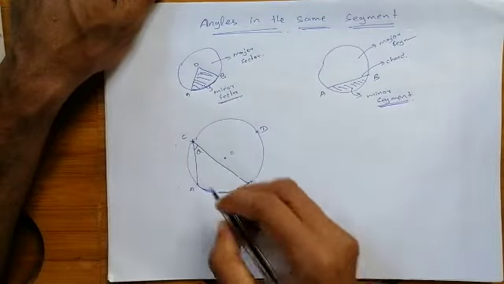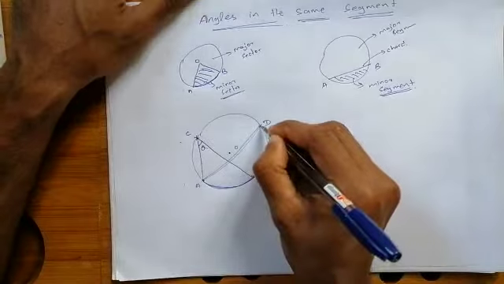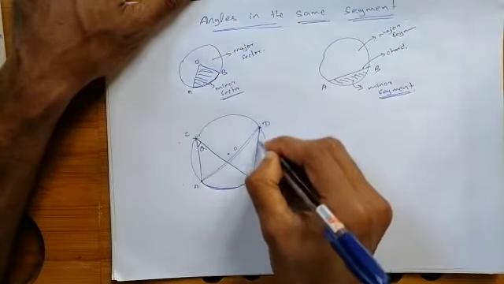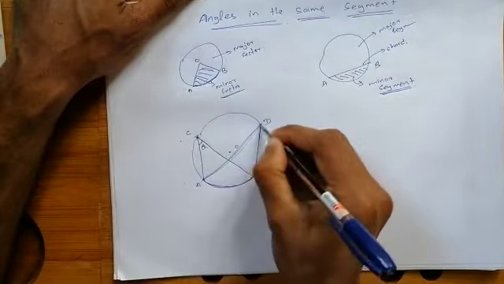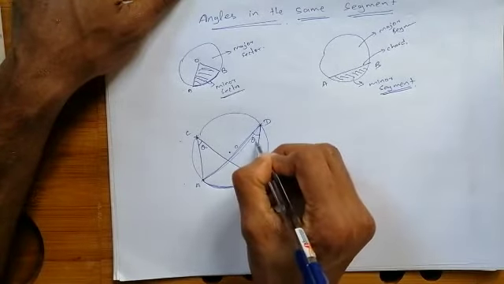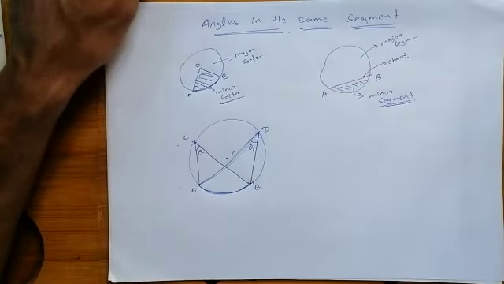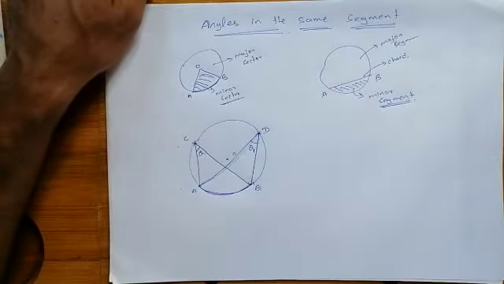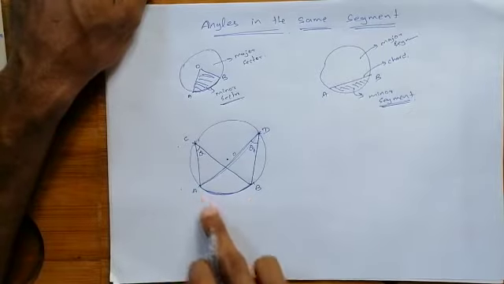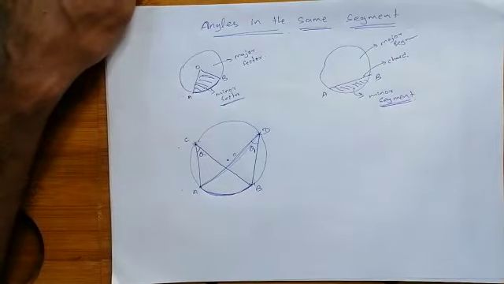Also, if you connect D to the ends of the arc, ADB is theta 2, and the earlier angle we mark as theta 1. Theta 1 is also formed by the arc AB. What is the position?